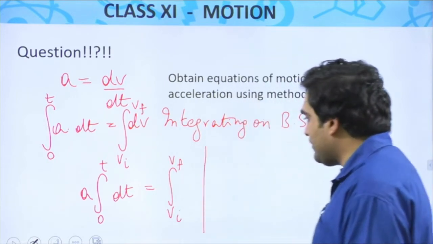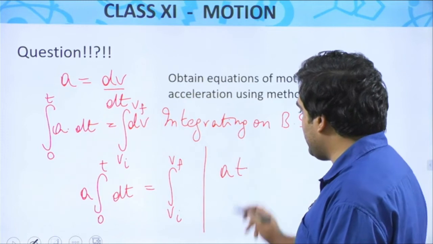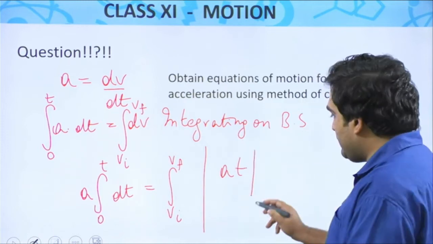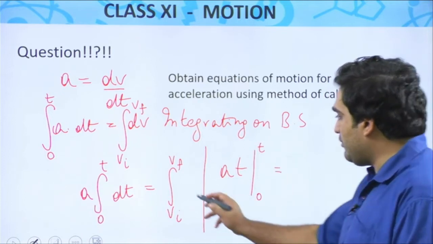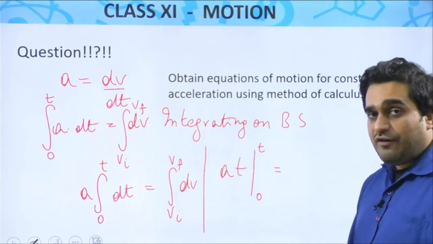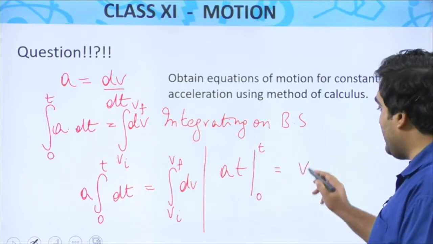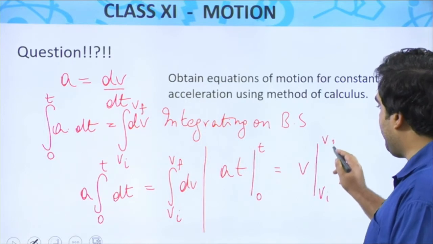By integration, what you obtain is a times t under the limit 0 to t, which equals, oh, I didn't write dv here, dv. Integration of dv is just v under the limit vi to vf.